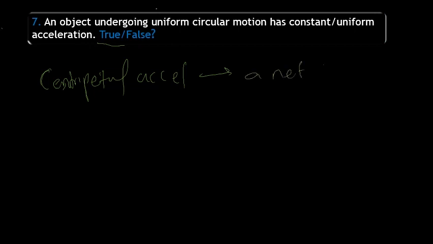All right. An object undergoing uniform circular motion has constant or uniform acceleration. True or false? Okay, the answer is true. Now, what we call centripetal acceleration is actually a net constant acceleration.